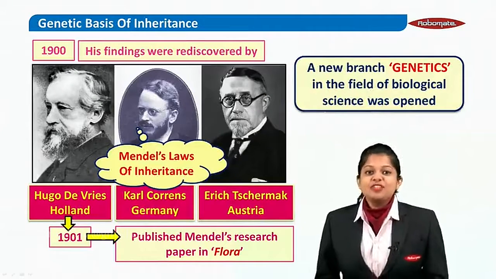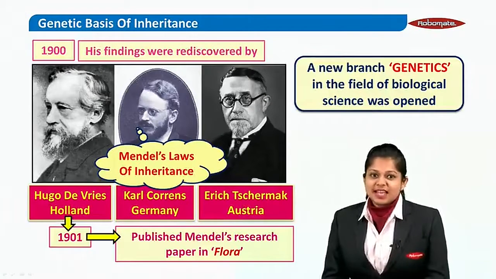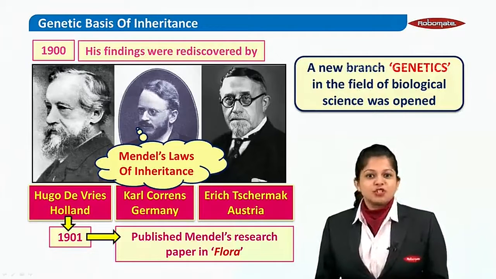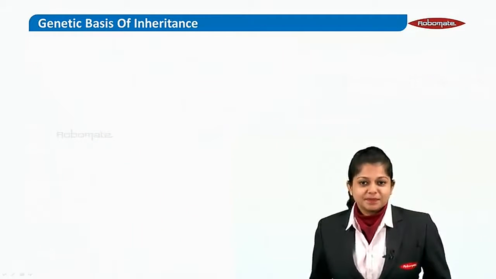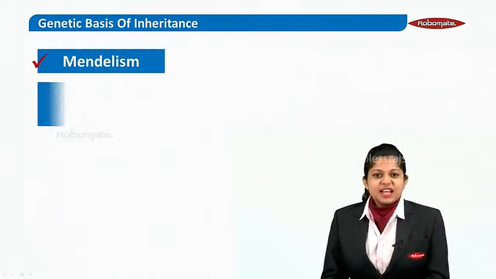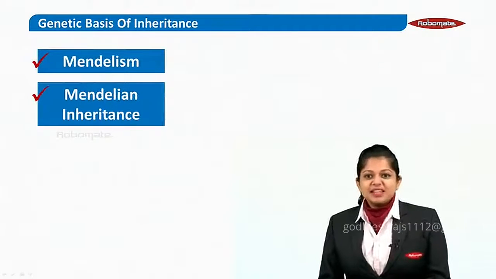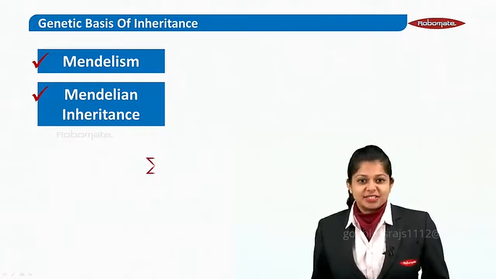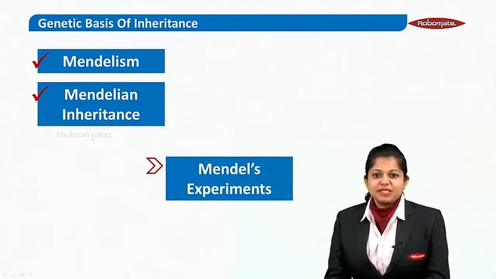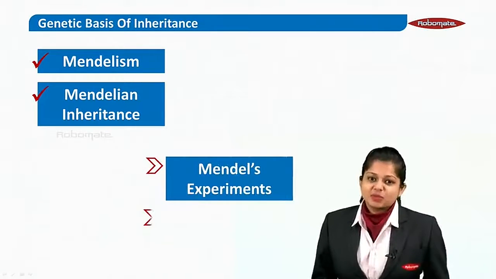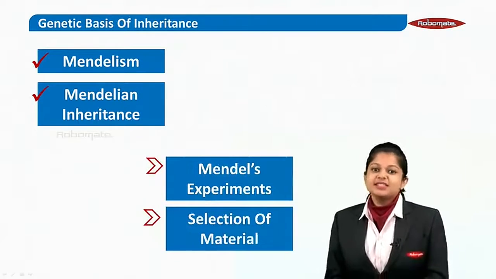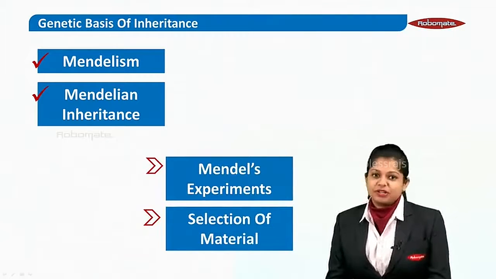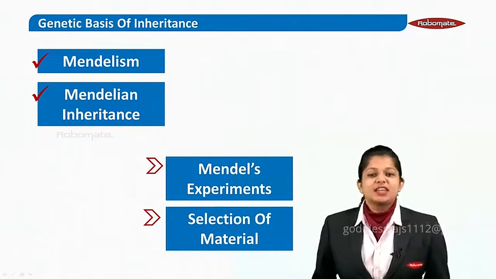Thus, a new branch of biological sciences called genetics was opened. Here, we are done with the concept of Mendelism and Mendelian inheritance, and next we would be starting with Mendel's experiments as well as a selection of material for his experimentation.